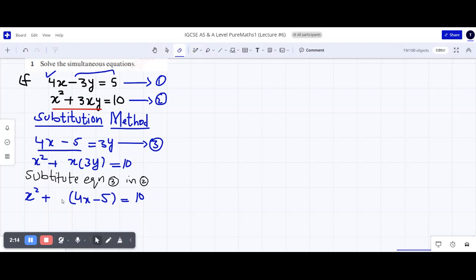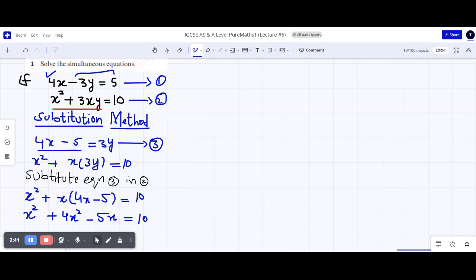Then we expand the bracket. Now I have the whole equation in terms of x, that's why I made the changes. Substitution method means you make the same variable, then you can find the value of x. So now it would be 4x squared minus 5x, which equals 10.